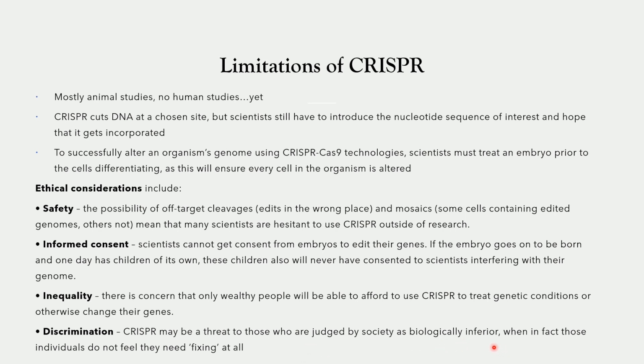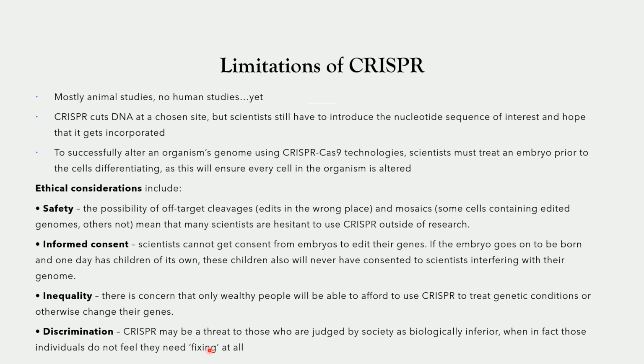For example, some people inherit genes that cause them to not have any hearing, so that they are deaf. So if a group or parents decided that they wanted to make sure that their child was not deaf, and they edited their embryo genome so that the embryo would become a child that has full hearing, well, the deaf community might be opposed to this, because it's like those parents or those groups are saying that being deaf is biologically inferior and they need to be fixed, so we shouldn't have any deaf people, which is not true at all.